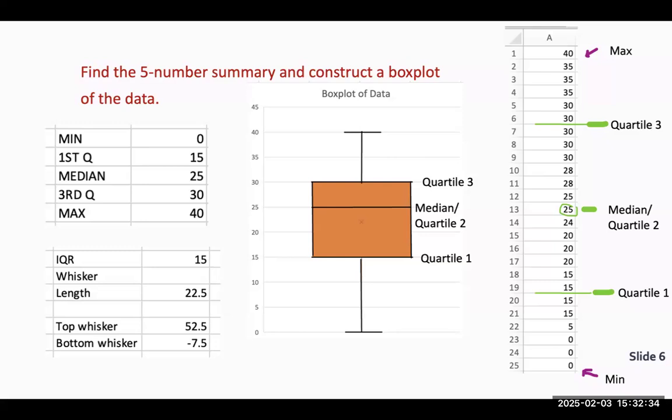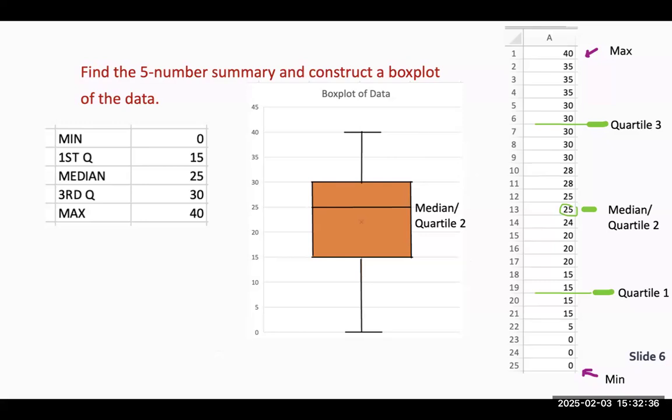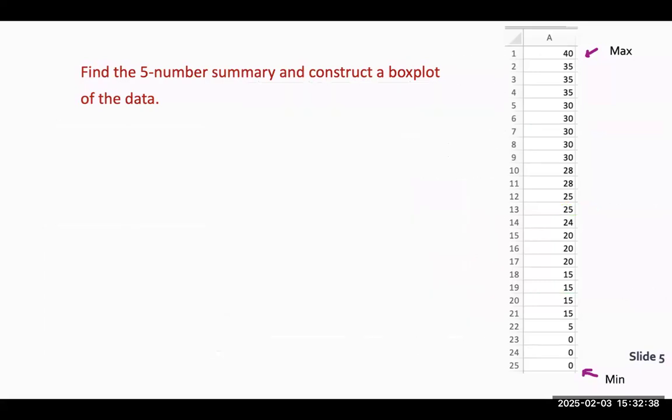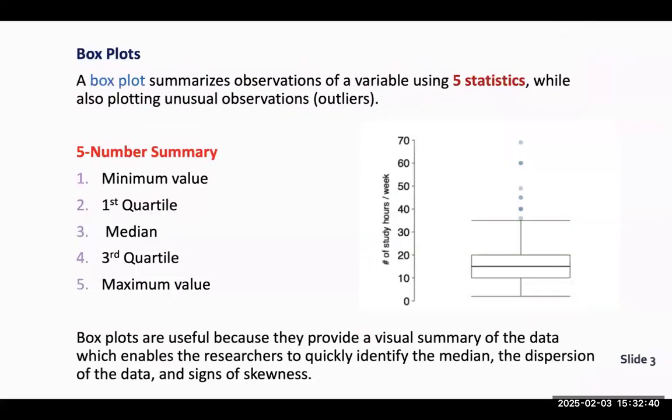I'm going to go back a couple of slides because I showed you a box plot. Here we go. There's this box plot that has these whiskers, and then it has some dots above it. All of these dots are outside of the whiskers, which tells you that you have outliers. Sometimes a box plot is shown vertically like this, and sometimes it's horizontal, like it's flipped on its side.